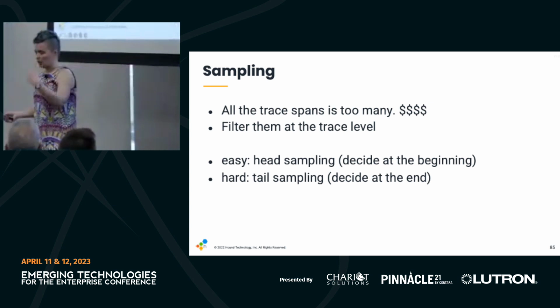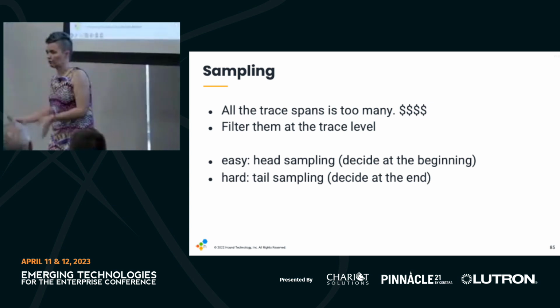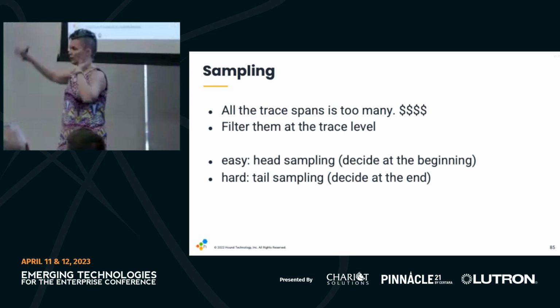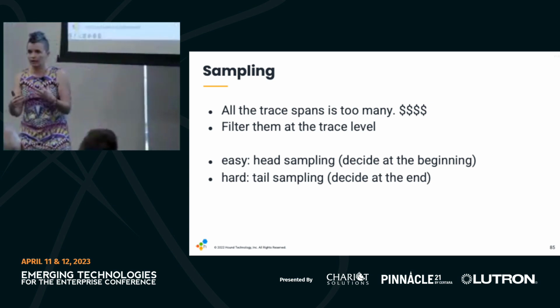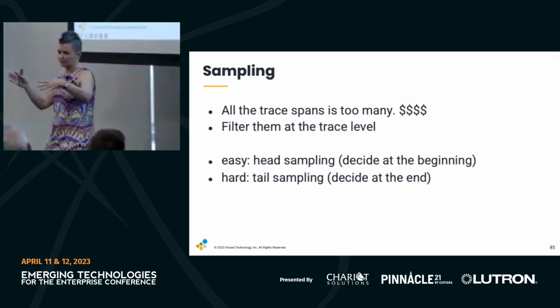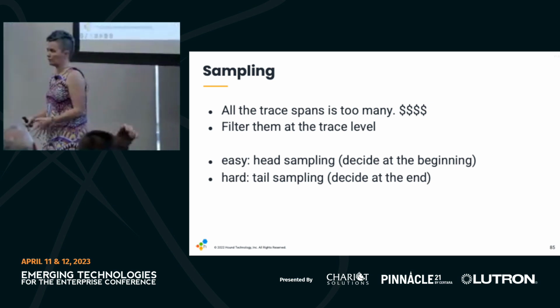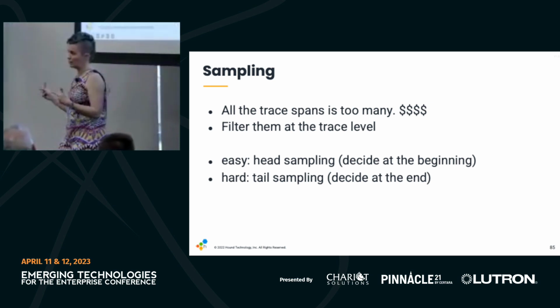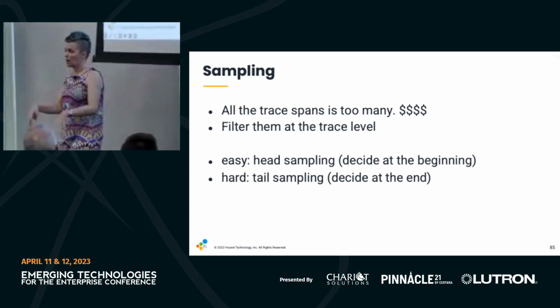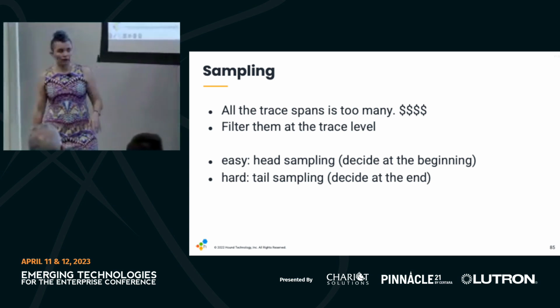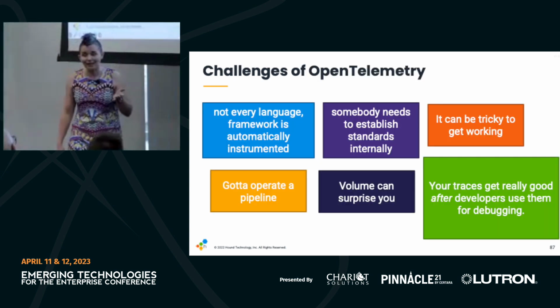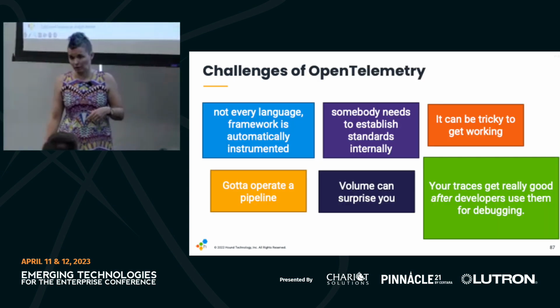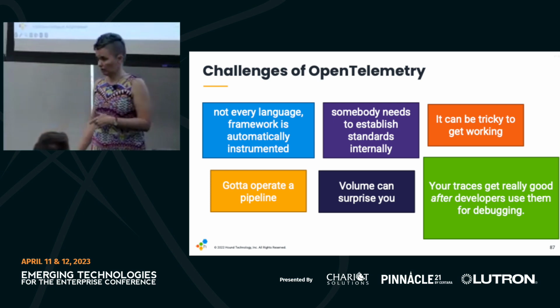At Honeycomb, we have an open source project called Refinery that is a distributed tail sampler. It accumulates all the traces, and as soon as the root span ends, it figures it's done and makes a decision. I'm either going to sample it, which means keep it, which is confusing, or I'm not, and then I'll drop it. So you wind up needing an observability team even when you're not running your own backend, because some of this is hard.